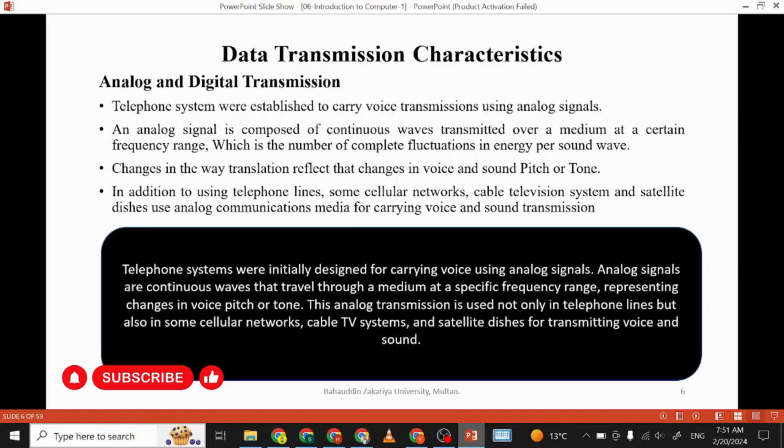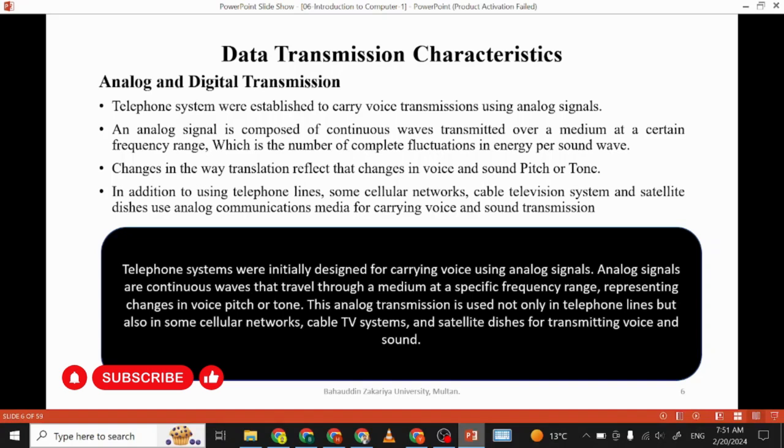Telephone systems were initially designed for carrying voice using analog signals. Analog signals are continuous waves that travel through a medium at a specific frequency range, representing changes in voice, pitch, or tone.